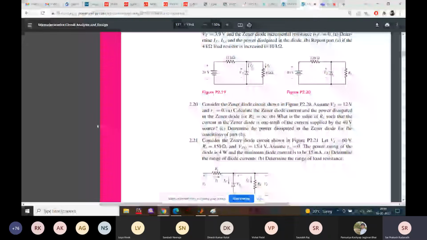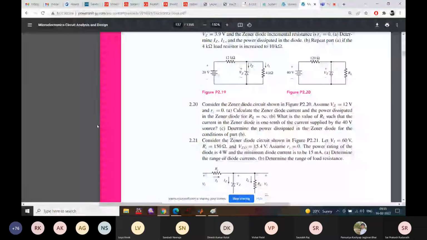Solve the next question, 2.20. Similarly, you can find it for 10 kilo ohms also in the previous question. There is less time to finish the other sections also. Finish it completely and go for the next question.